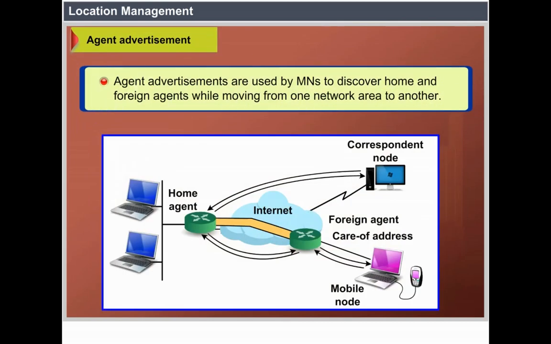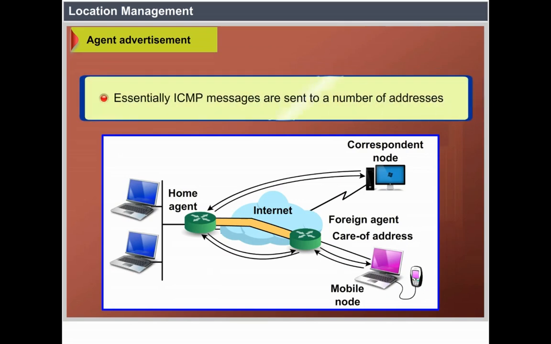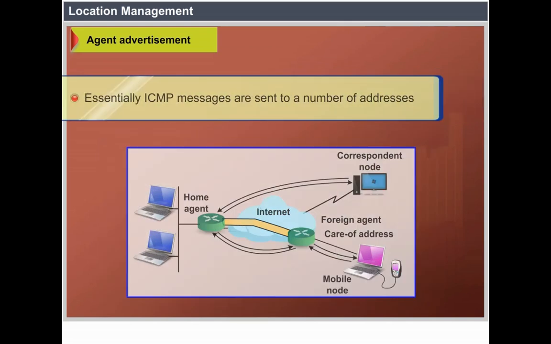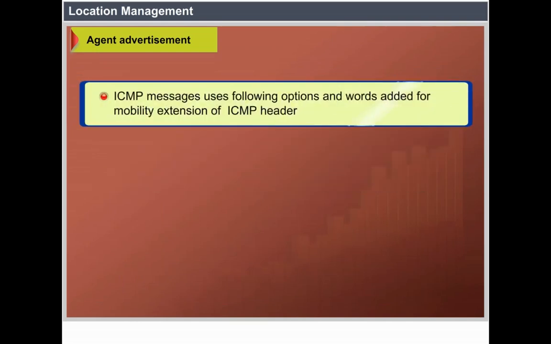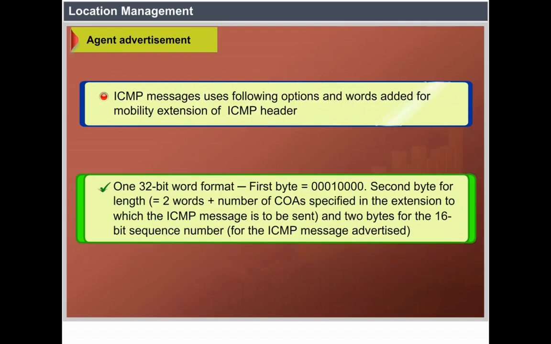Agent advertisement. Agent advertisements are used by MNs to discover home and foreign agents while moving from one network area to another. Essentially, an ICMP message sent to a number of addresses. ICMP messages use the following options and words added for mobility extension of the ICMP header. 32-bit word format.